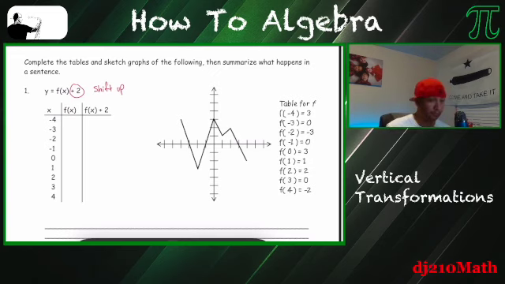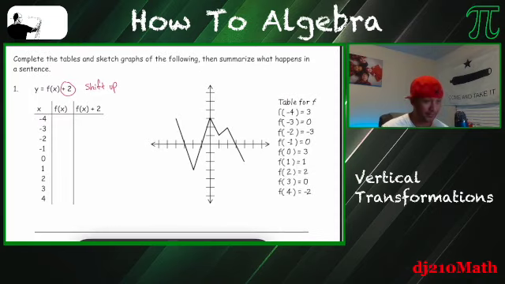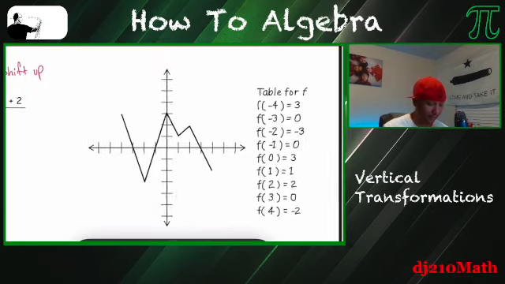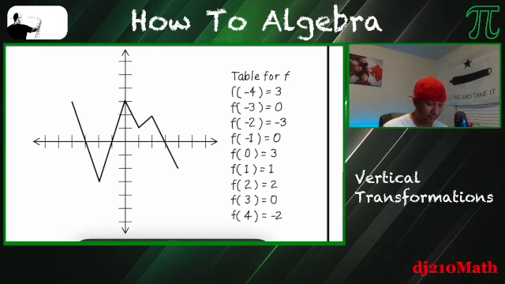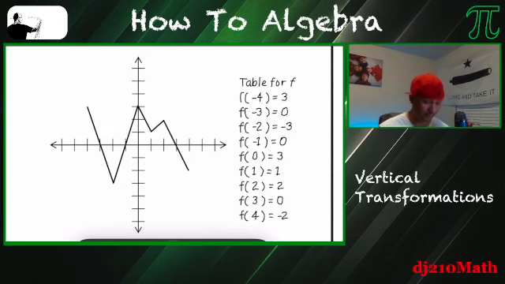I'm not going to go through the table, I don't need to explore, I already know. I'm just explaining. I'll use the table when it becomes relevant. But every point is going to shift up 2. For instance, this point is going to shift up 2, and all these points too.